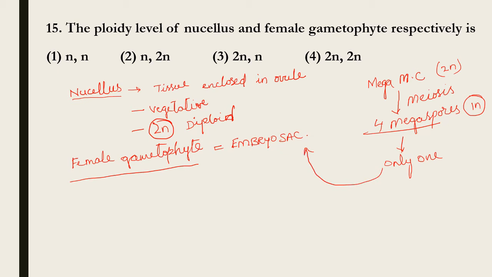So megaspores are haploid, and the megaspore develops into the embryo sac. That means the embryo sac or female gametophyte is haploid. So the nucellus is diploid 2N and the female gametophyte is N. The correct answer is option 3.